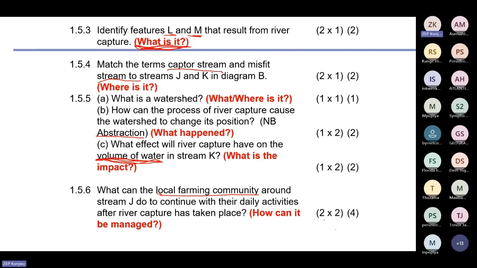The question states 2 times 2, which means they want 2 answers from you. Obviously the first answer is that they can use groundwater as an alternative, as a solution to produce food, and also they can dig trenches to get water from the other side, or they can build dams to be able to store water. I think for now those 3 answers should be fine.